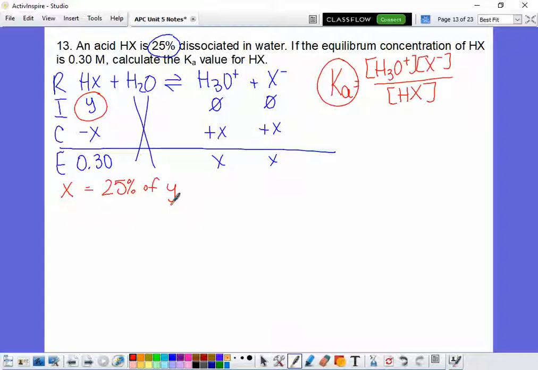That's still two variables though. So what's another way we could say it? Or we could say that 0.30 is 75% of y.